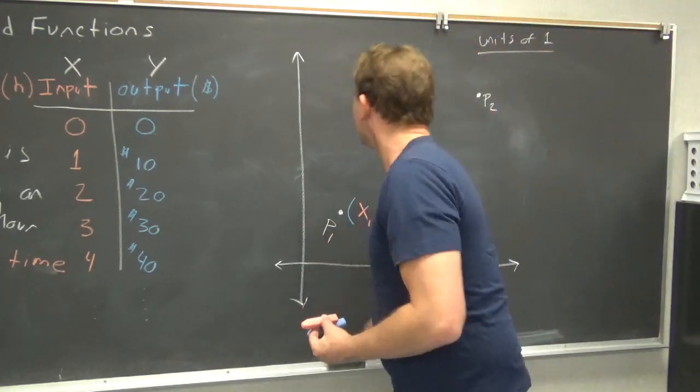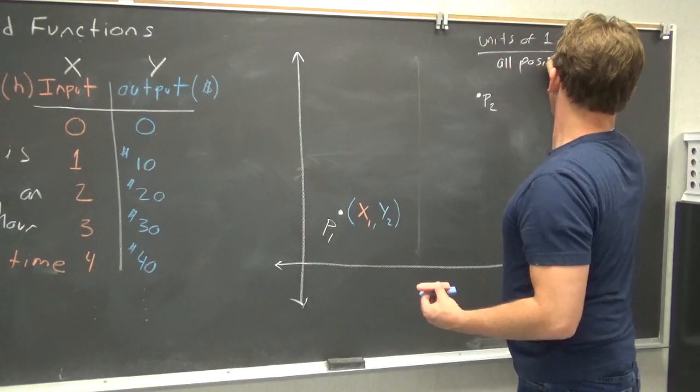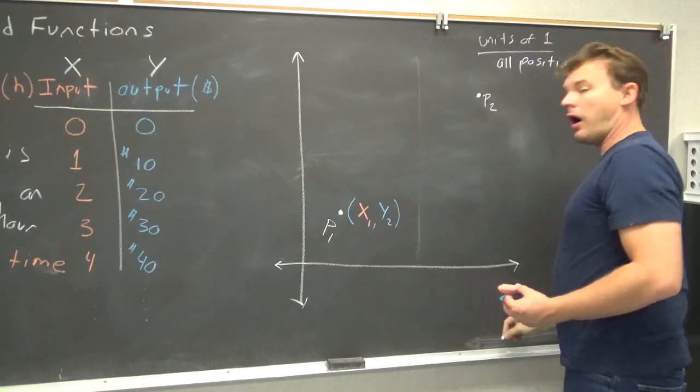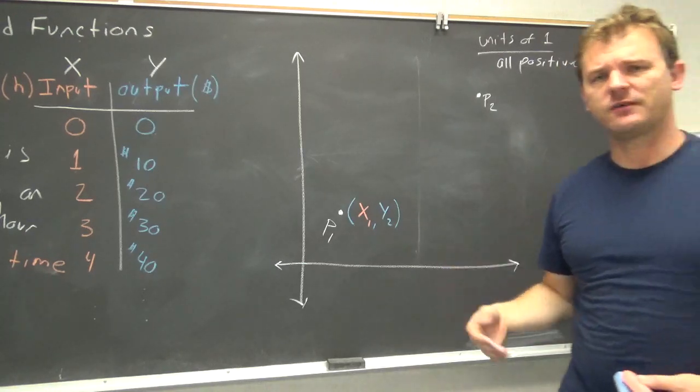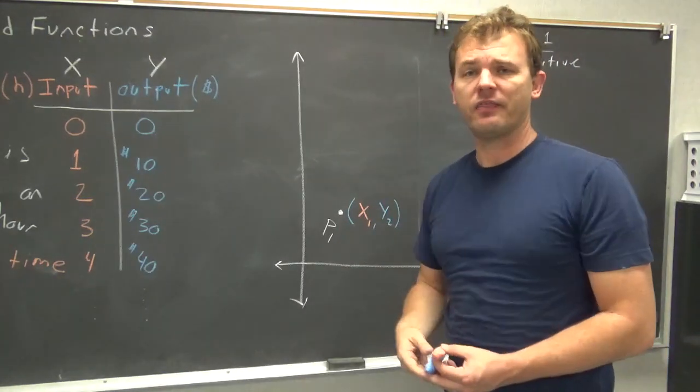So this is all positive, so we don't have to deal with negatives. If we did it the other way, I would have to include negatives because it would actually be that theory up there.